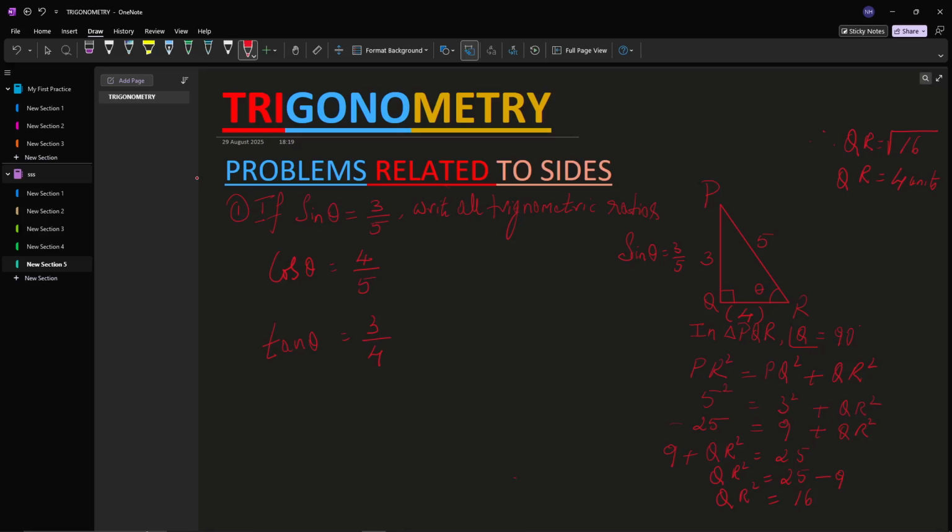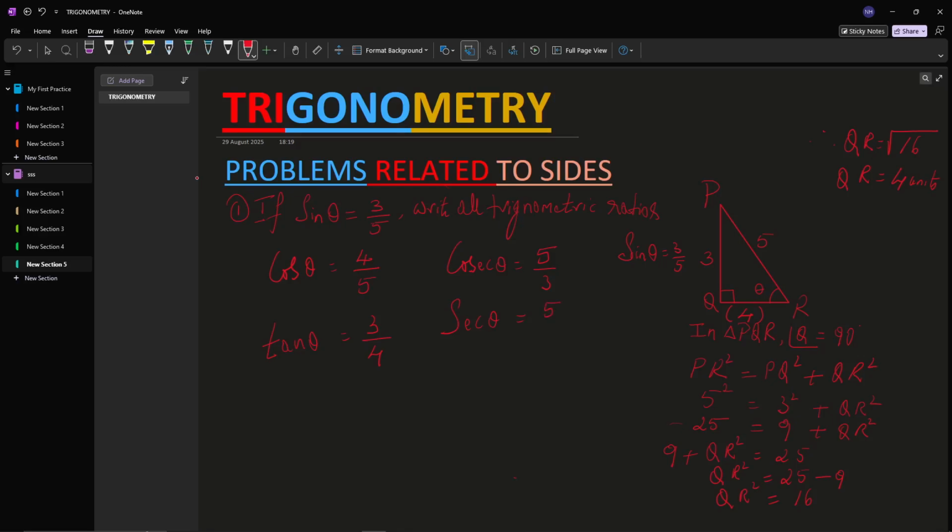Now the rest is going to fall as reciprocal. Sin theta's reciprocal is going to be cosec theta. So what is cosec theta? Reciprocal of sine. Sine is 3 by 5, so reciprocal of that is going to be 5 by 3. So cosec theta is hypotenuse by opposite. Cos reciprocal is going to be sec theta.